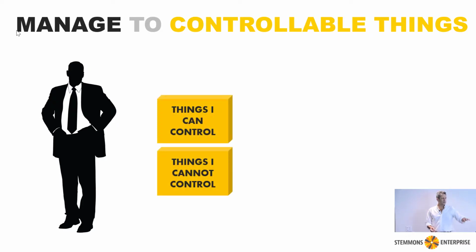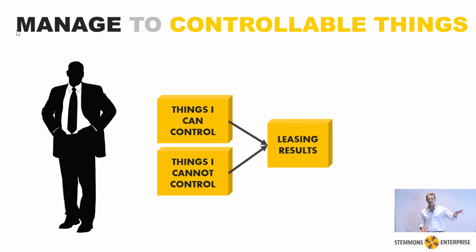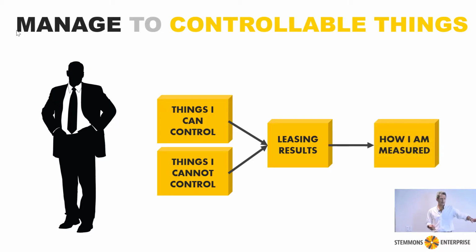So we look at someone's activities and say there are things that they can control, there are things that they can't control. In this case, we're talking about leasing. So if this was a real estate leasing agent, those things combine to make the results. And what often happens is people are measured on those results.